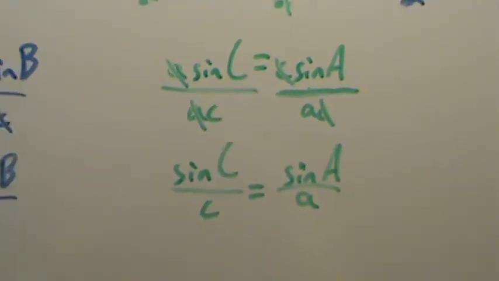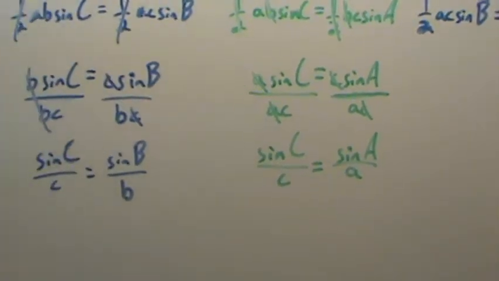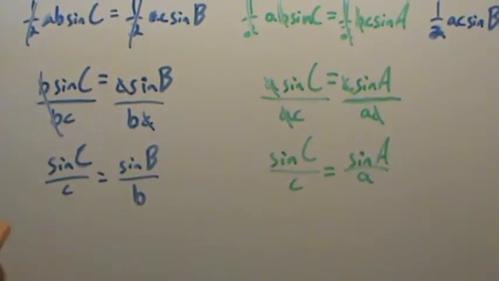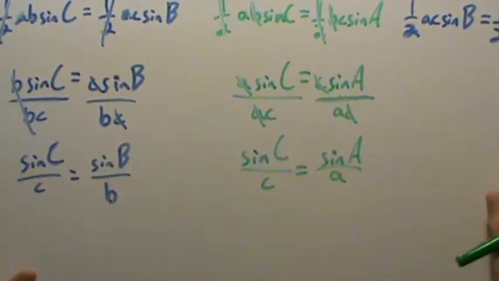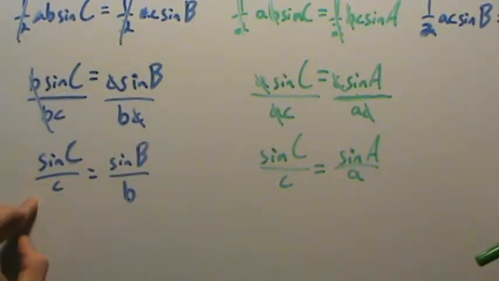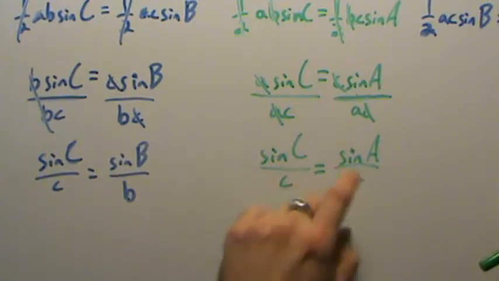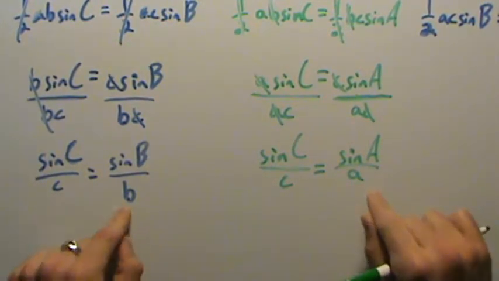Just from this, we can pretty much establish the complete law of sines. Here, sine C over c equals sine B over b, and sine C over c equals sine A over a. So sine C over c equals this, and sine C over c equals that, so this and that have to equal each other.